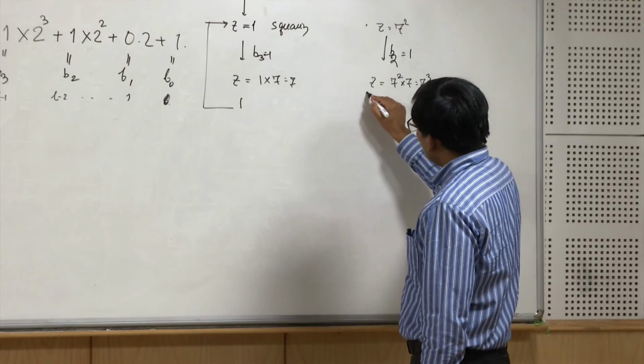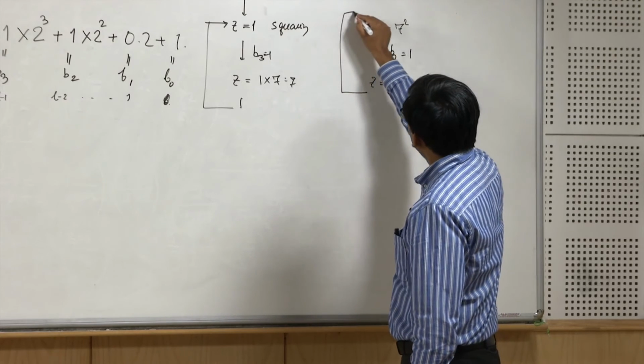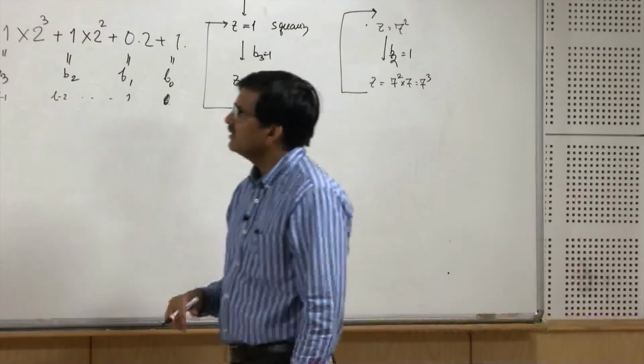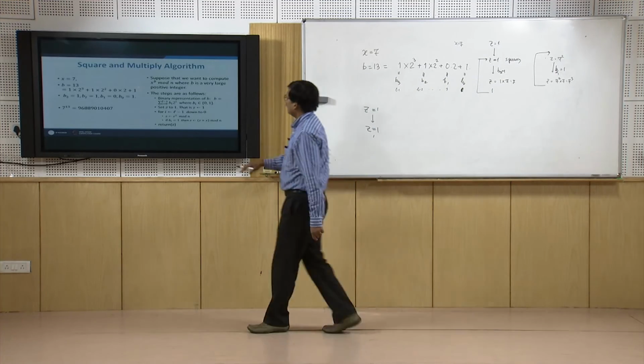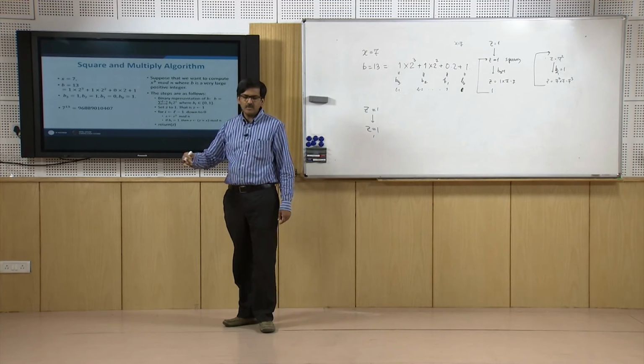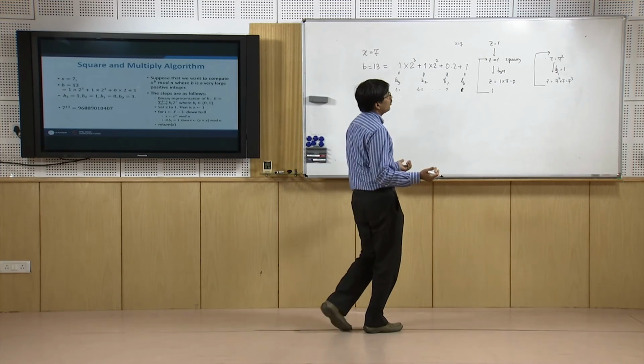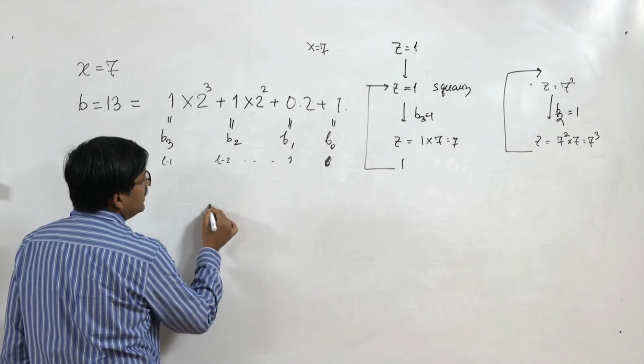I move up again to the squaring place, because I is not yet exhausted, I has only come down to 2. So, now I comes down to 1.